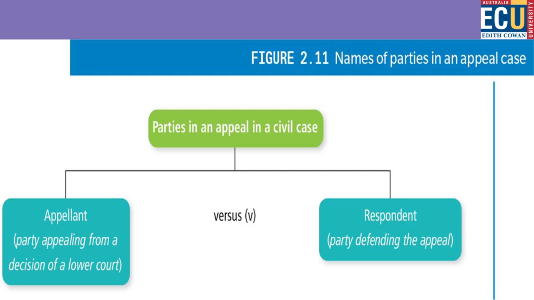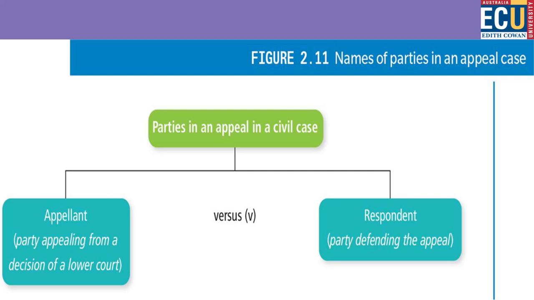So if the defendant tries to take the matter to a higher court and makes an appeal, then there are two parties again, right? One party is bringing the appeal and the court will hear the appeal against another person. The person who will bring the appeal will be known as the appellant. Appellant means who brings the appeal to the court.